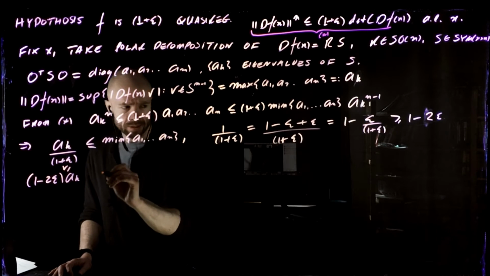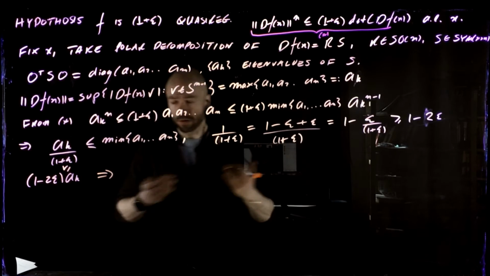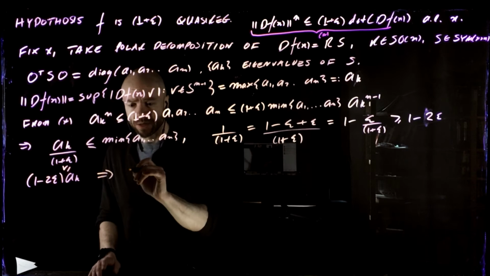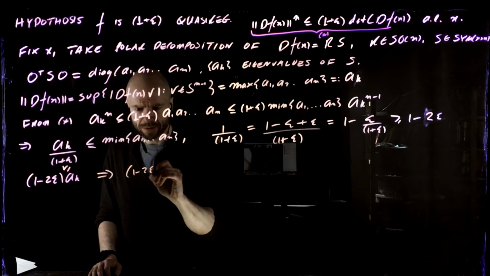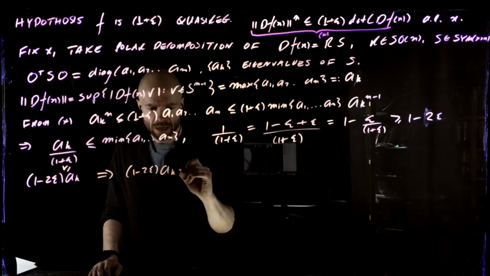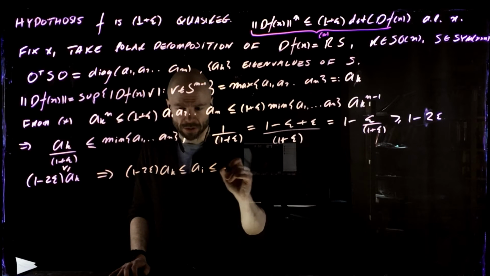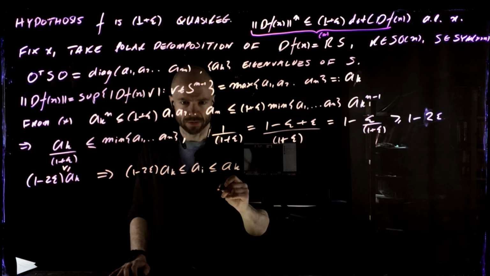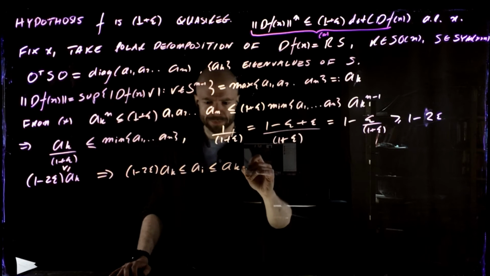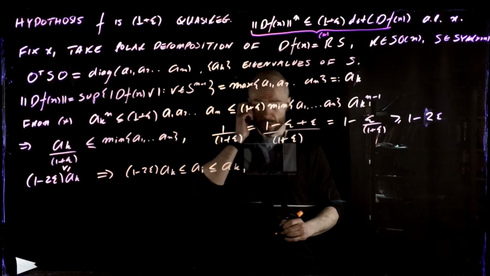So this implies that, in fact, all of the eigenvalues are pretty close to each other in value. So 1 minus 2 epsilon times AK is bigger than any of the eigenvalues. Let's call them Ai, which of course is less than AK itself. Yeah. So what does that mean?